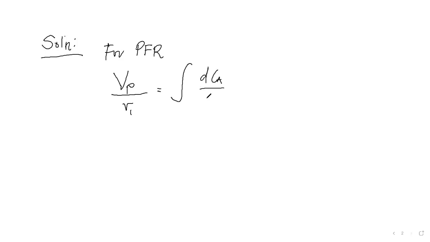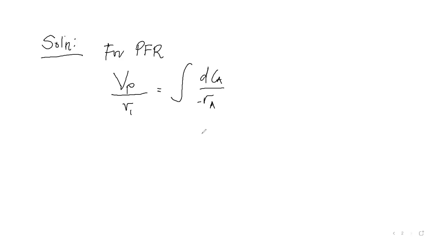So in the original case, wherein we only have a plug flow reactor, for our PFR, we know that the performance equation would be the volume of the PFR divided by its volumetric flow rate, which we labeled to be V1, should be equal to the integral of dCA over the rate.